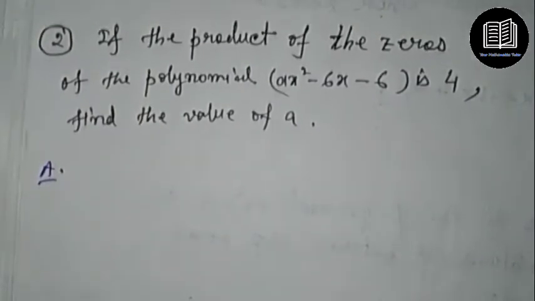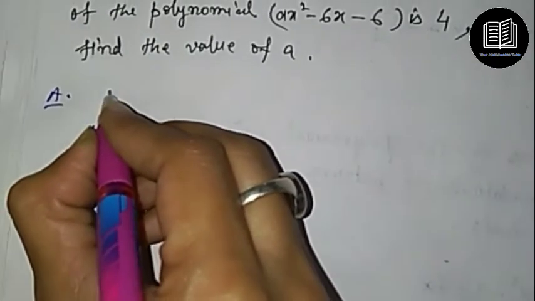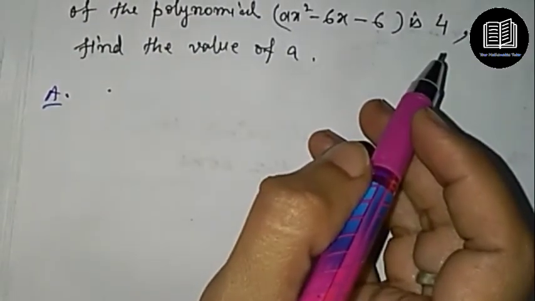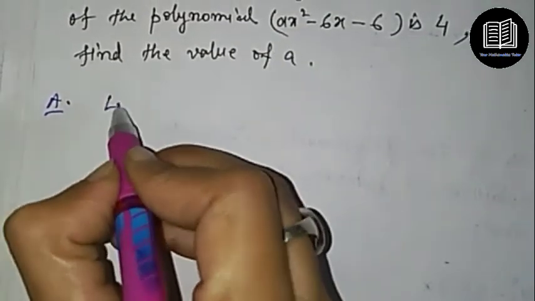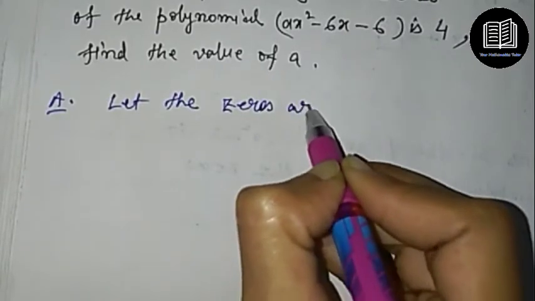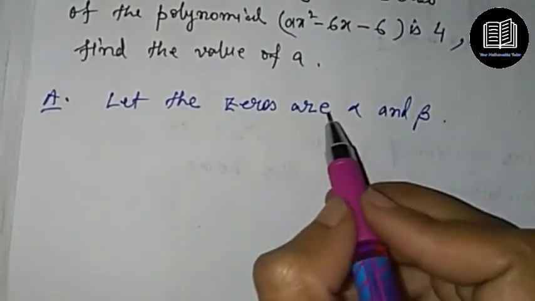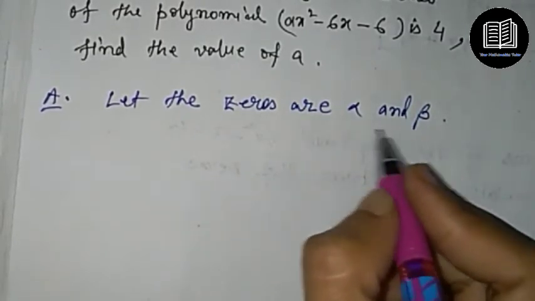So first of all, the product is 4. Let the zeros be alpha and beta. Okay, we assume that the zeros are alpha and beta.